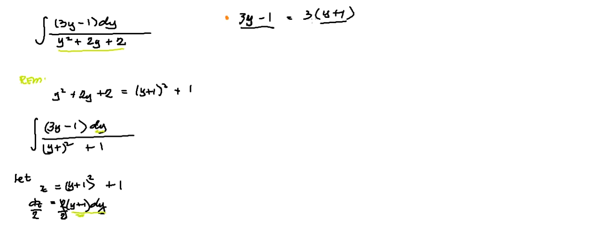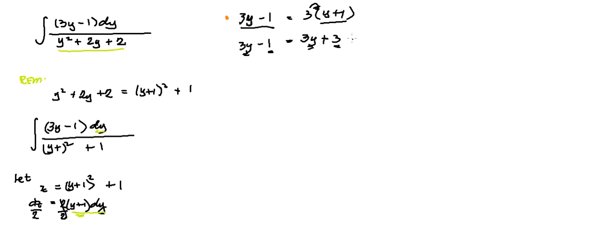If we multiply this whole term by 3, we have 3y plus 1 times 3, which is just 3. So we have 3y plus 3. Then how can we make these two equal? We have 3y minus 1. They are not equal because we have 3y here and 3y here, but we have plus 3 here and minus 1 here.